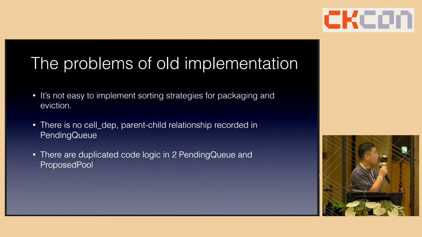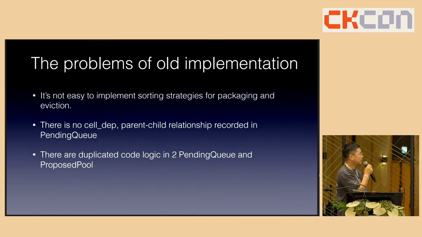There are some problems with the old implementation. The first one is that it is not easy to implement a sorting strategy for eviction. If you want to sort all the transactions, you need to sort the first one, then the second one, then merge these two, so it's somewhat complicated.